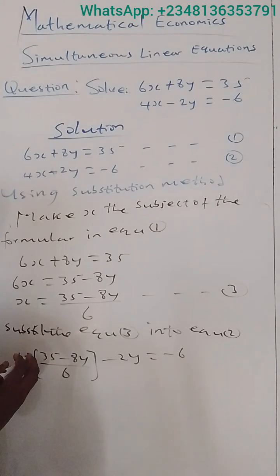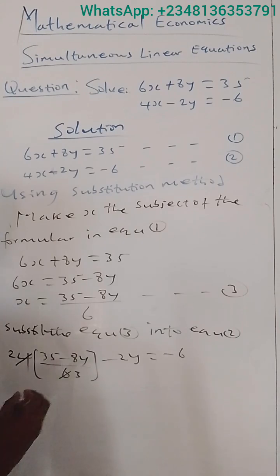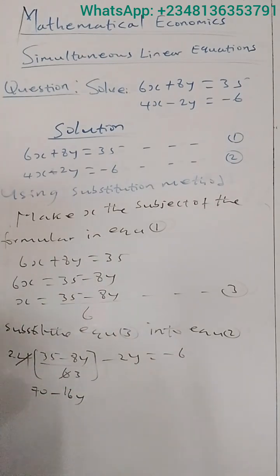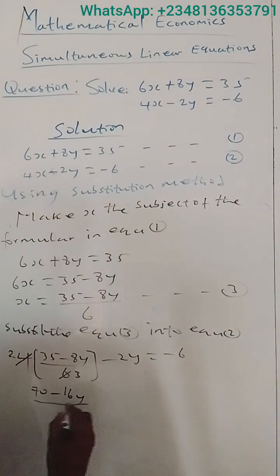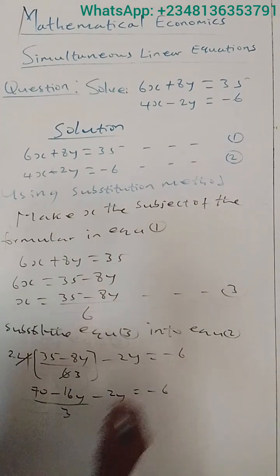Now I can simplify this: the 2 here and the 6 here give 3. So I can open the bracket: I have 2 times 35, that is 70, minus 2 times 8, I have 16y. Now this is divided by 3, then I have minus 2y equals minus 6.